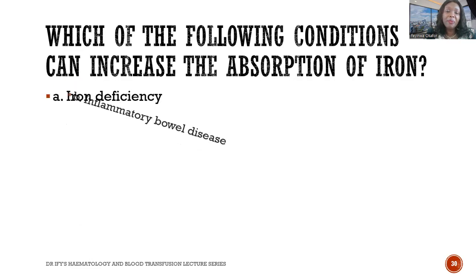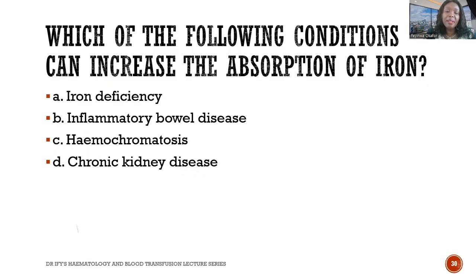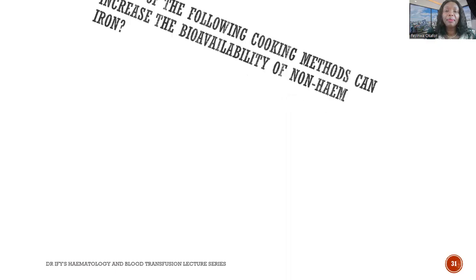Iron deficiency, inflammatory bowel disease, hemochromatosis, chronic kidney disease. Answer A, iron deficiency. When the body is in a state of negative iron balance, the absorption of iron from the proximal duodenum is enhanced.